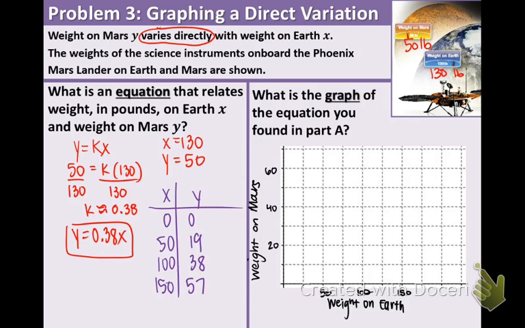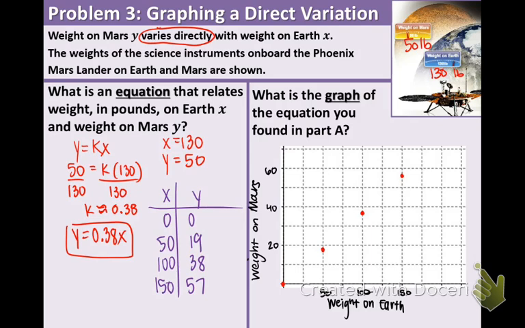We're going to plot the points. So (0, 0), (50, 19), (100, 38). I'm getting these from the table that we just made. And (150, 57).